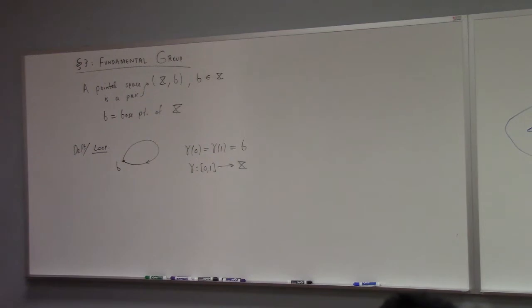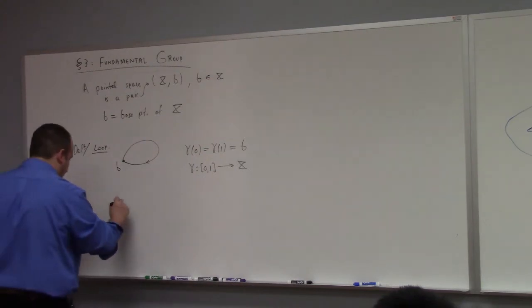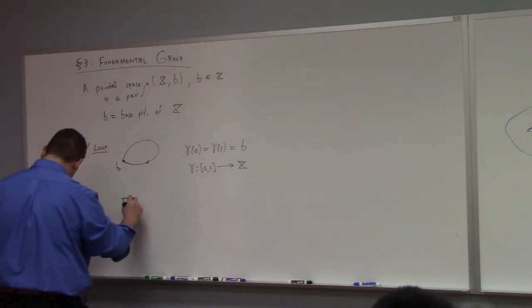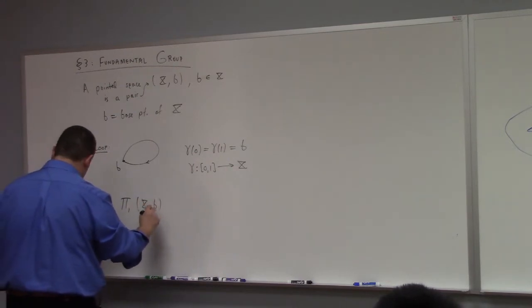And now he says that the product of any two loops based at B is well defined, so that the product of homotopy classes of any such two loops is well defined. And he says we're going to denote pi 1 of X, B to be equal to what?